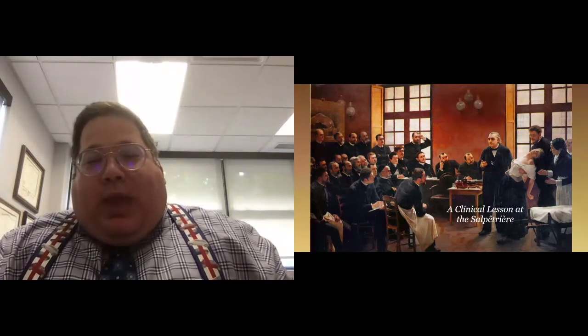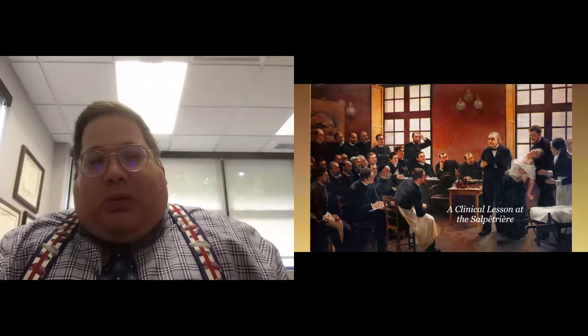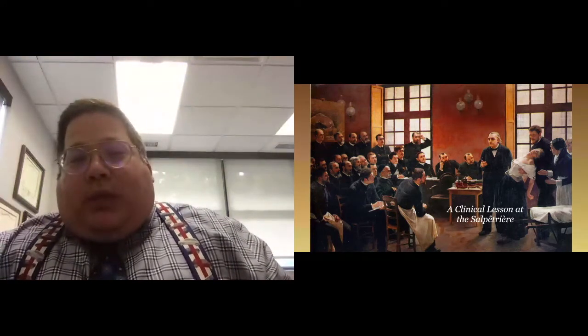The painting has a lot of interesting things. There are some really famous neurologists in the painting. Here we could see Joseph Babinski, and Georges Gilles de la Tourette is sitting here. The painting, or at least a copy of it, used to sit over Sigmund Freud's couch when he would give examinations. The description of the patient is a hysterical pose.